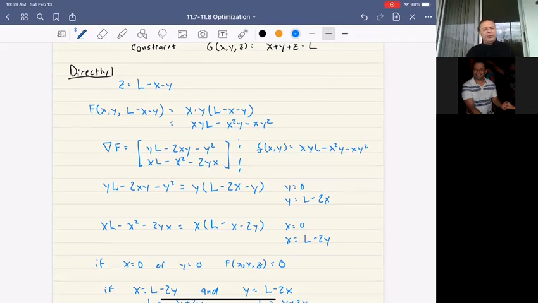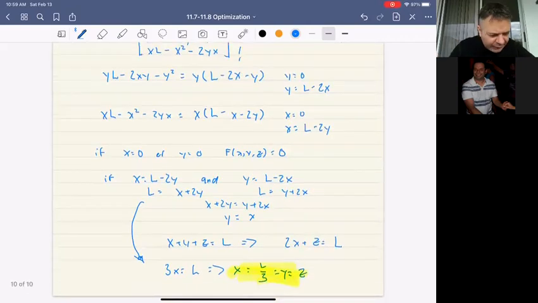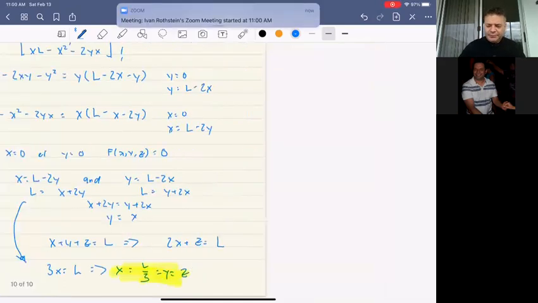I really don't do that with these unless I have to. Generally, I'm just going to do the whole game of let's find our critical points, plug them in, and then we just list them off. The highest one is the max, the lowest one is the min. Let's revisit this problem with Lagrange multipliers.